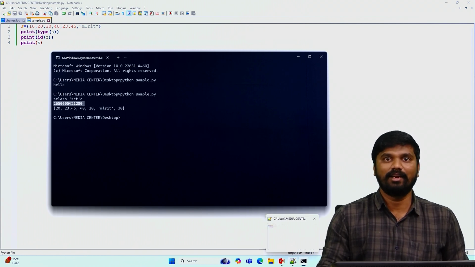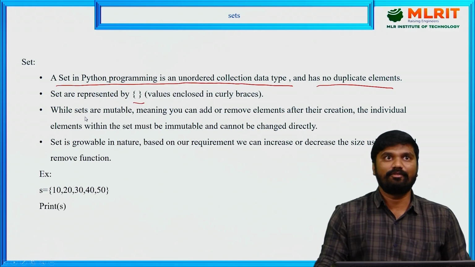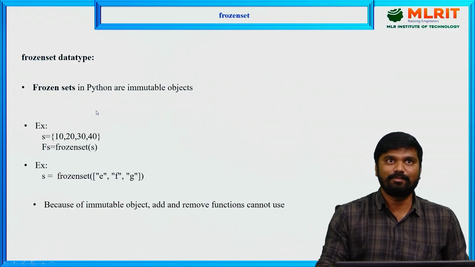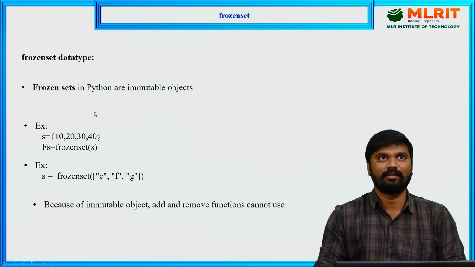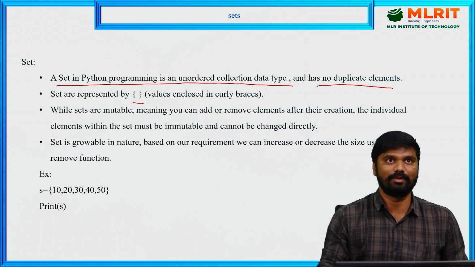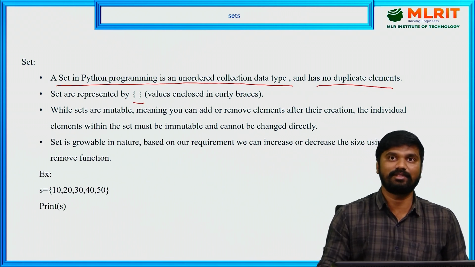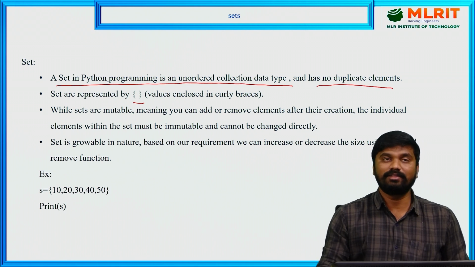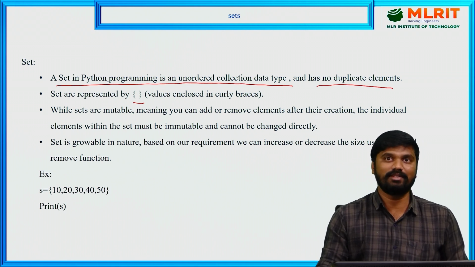Next, we represented that sets are mutable. Sets are mutable, which means we can add or remove elements. But once the set object is created, the objects present in the set cannot be changed.